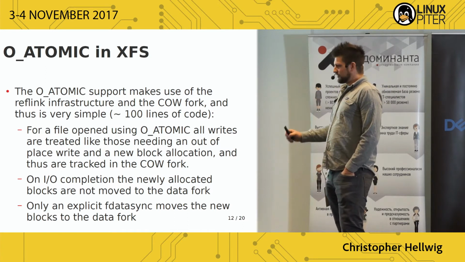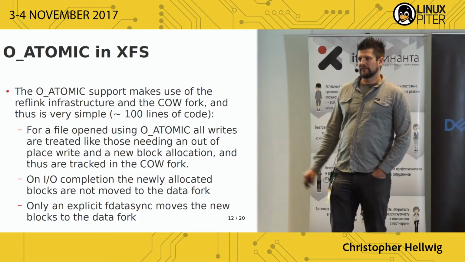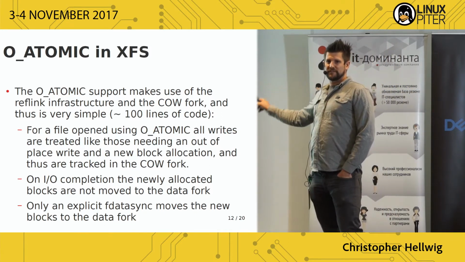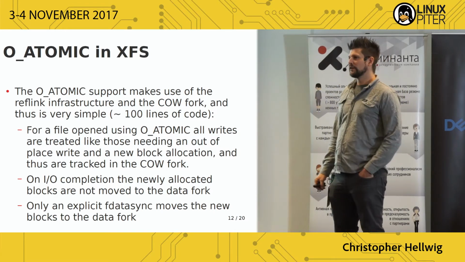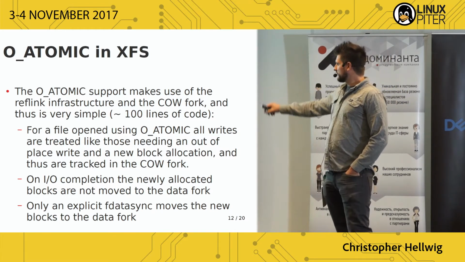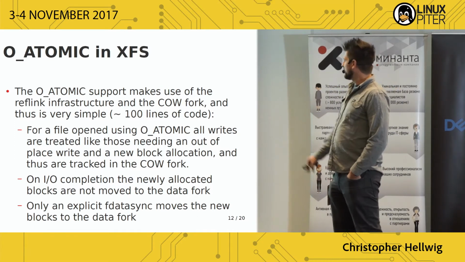And it turns out that actually is much cheaper than doing the real reflink operation because there is no reference count. There's an implicit reference count of 1. We don't need to track it for something that wasn't previously shared. So the only real thing it does is it doesn't free the block yet when it's overwritten, but delays that.